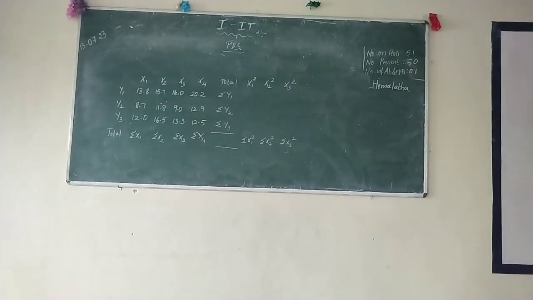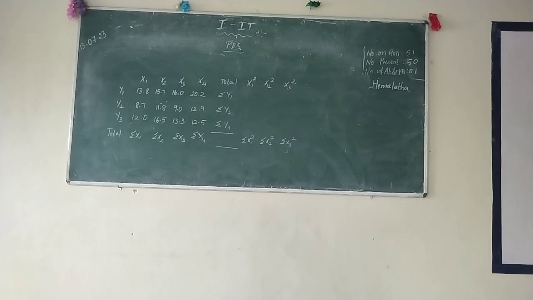Right? Summation of x1 is 34.5. x2 is 44. x3 is 38.3. x4 is 45.6.